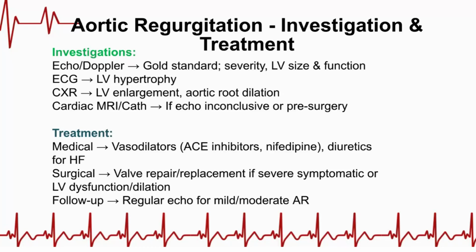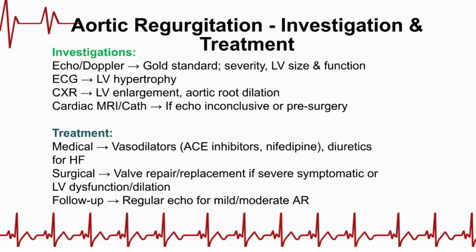We can do your other basic examinations like ECG and chest X-ray. Another option is a cardiac MRI or catheterization, sending that patient to the cath lab. This is especially if the echo is inconclusive or we want to make a plan for surgery.